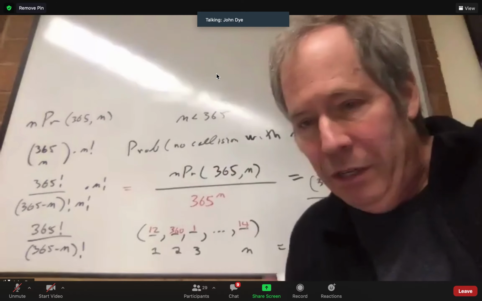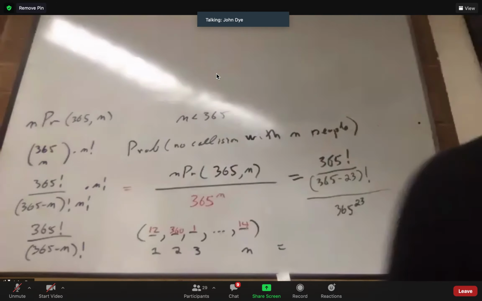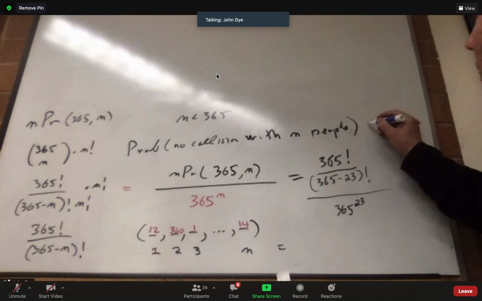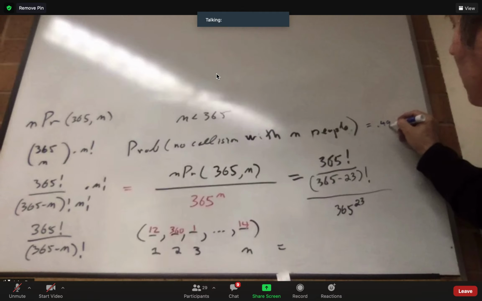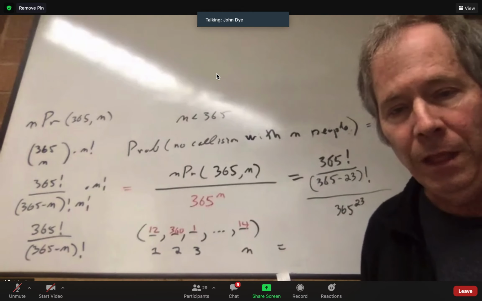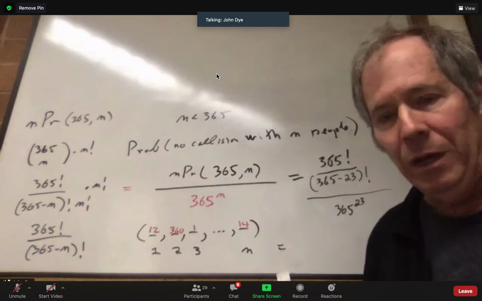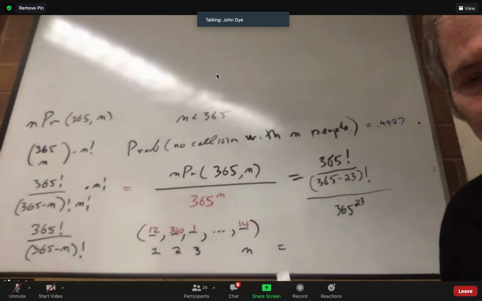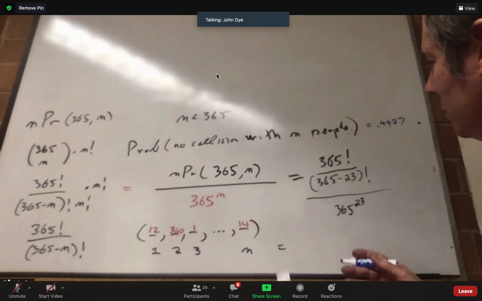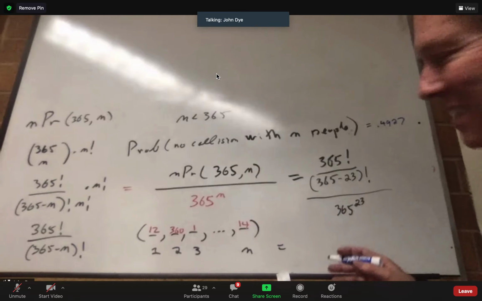Even though it's like infinity over infinity, it knows how to do it. 0.4927. So the answer is 0.4927 if you calculate that on your calculator. You don't have to break it down and multiply. Just put it in if you have a grapher. It knows you're taking my class and you have to do this. They put the special software in to do it.